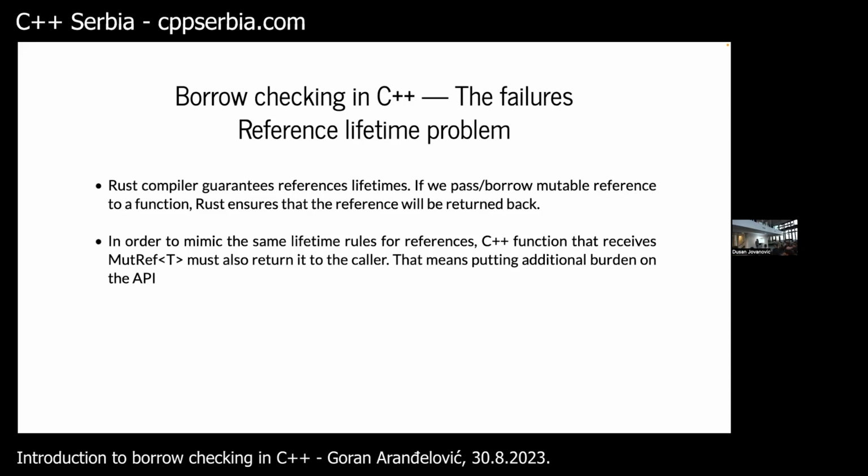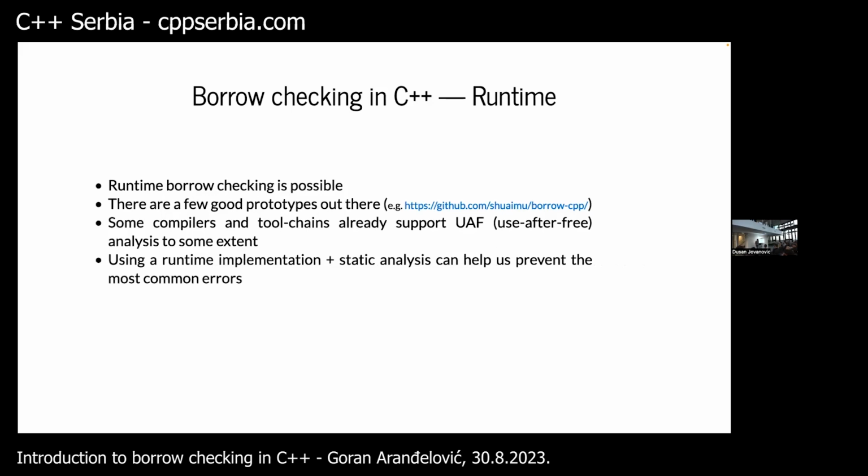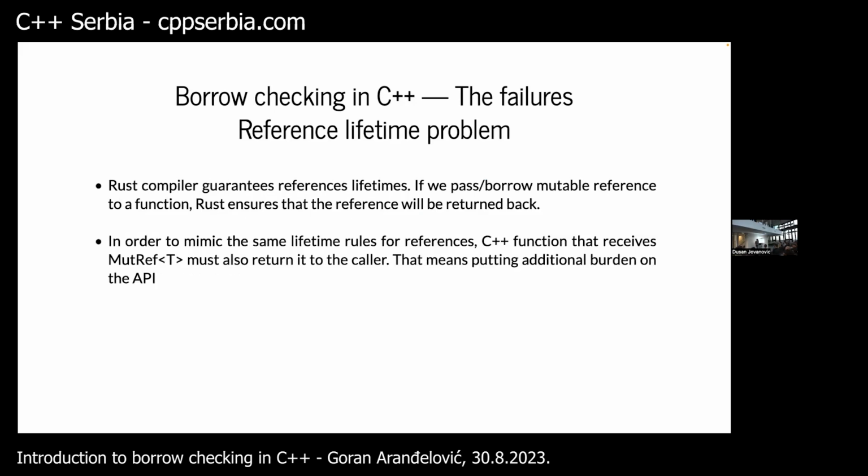But in this case, what I've mentioned, because you have to return back this reference in order to keep track of its lifetime in that way, you have an ugly API, at least. Maybe it's not so ugly, but it's very noisy.